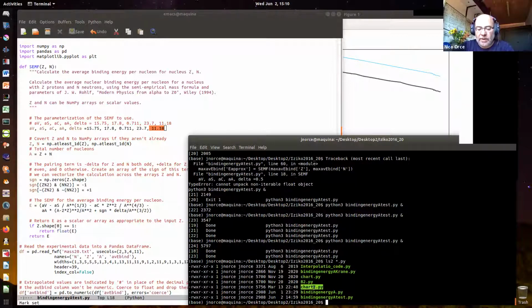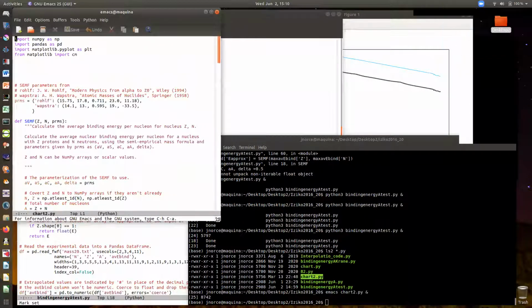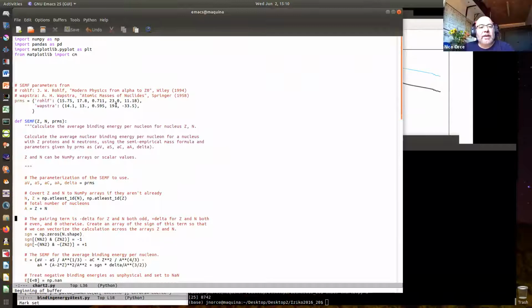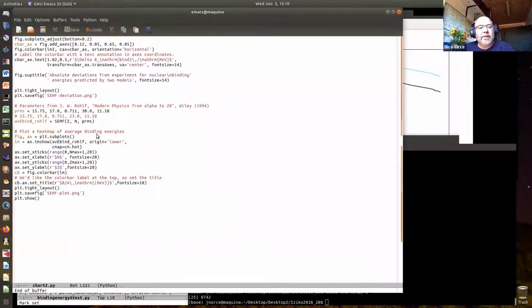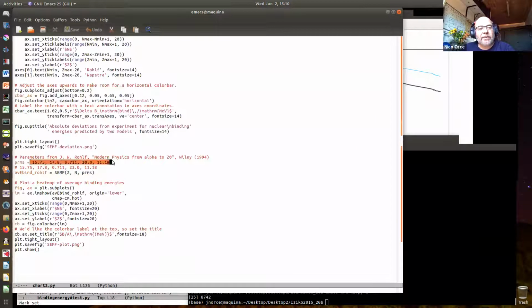So for instance, I want to show you this one also. And you have here the different parameters. This has a little bit of the two of them. Here are the parameters for the nuclear chart that we're going to write down right now.